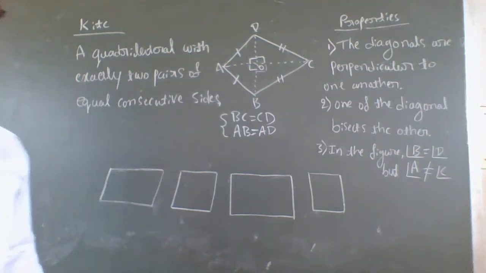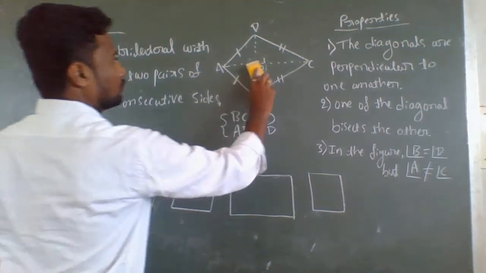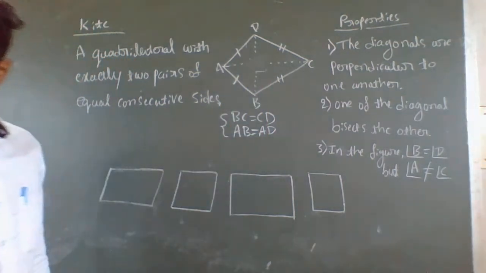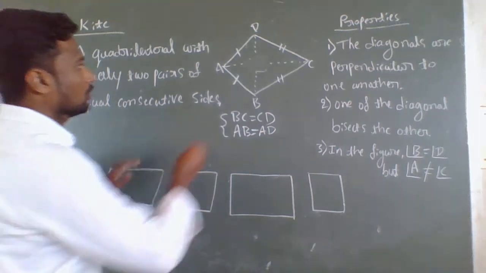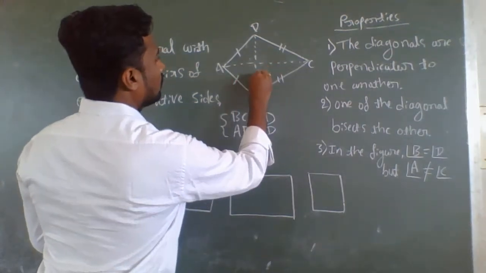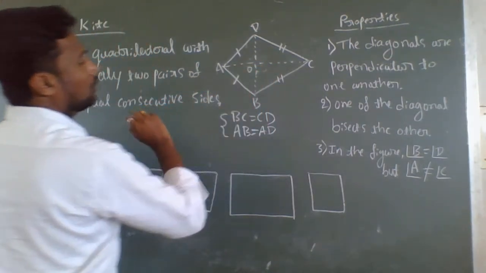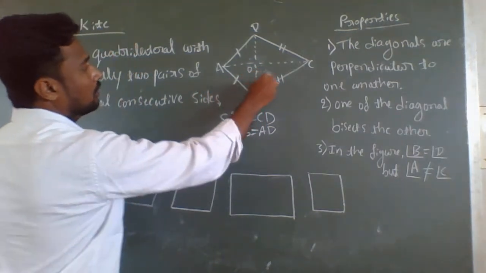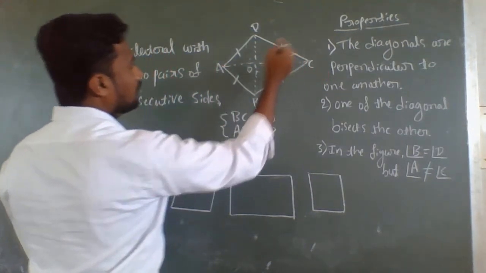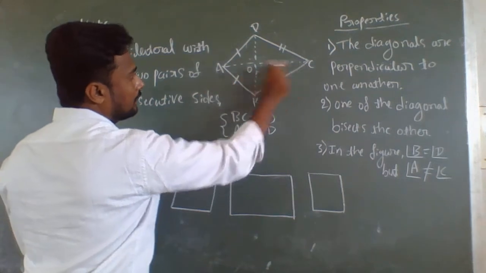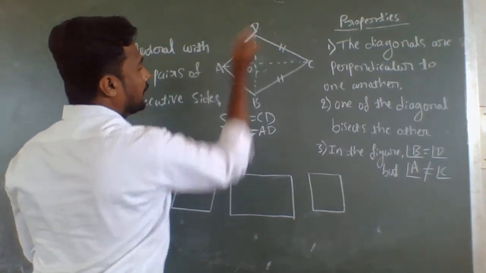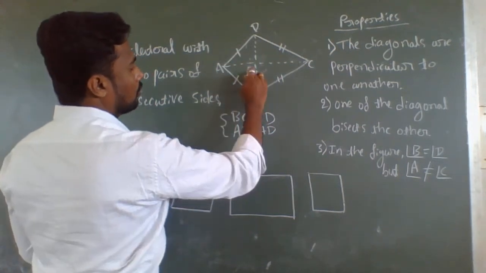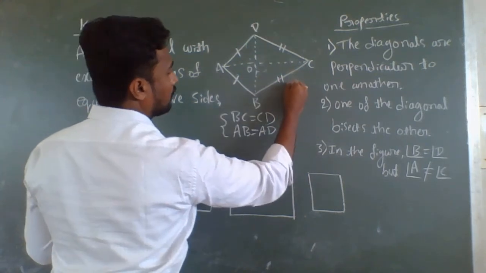Here in this example, one of the diagonals bisects the other. This diagonal AC is bisecting BD. So here, OB is equal to OD.